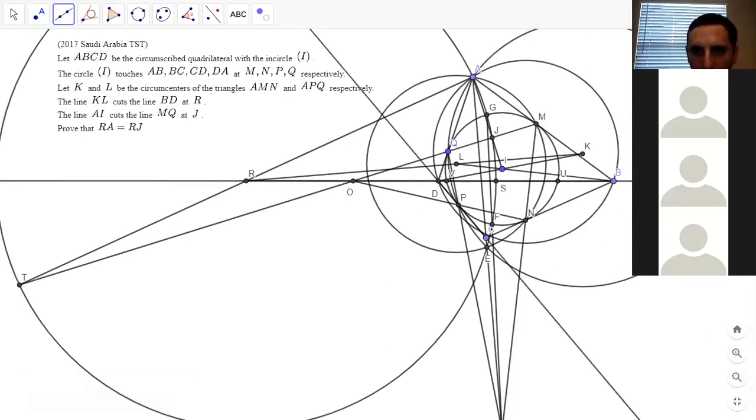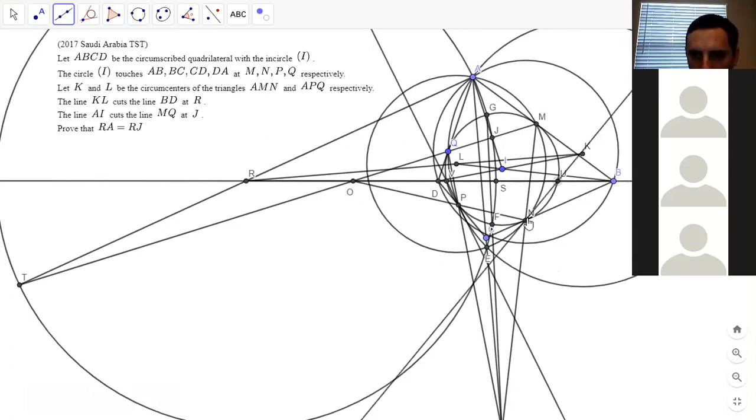Whoops. And it almost looks like VP and UN meet on AC.